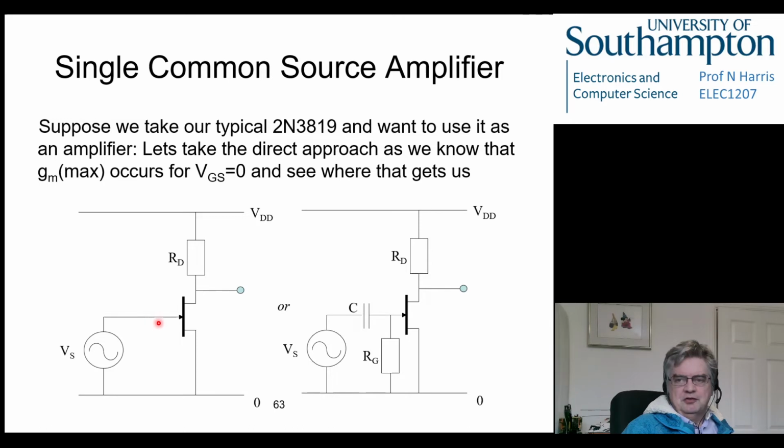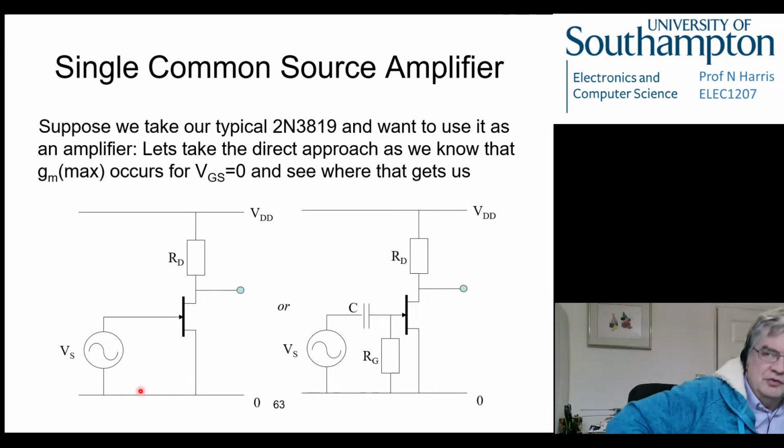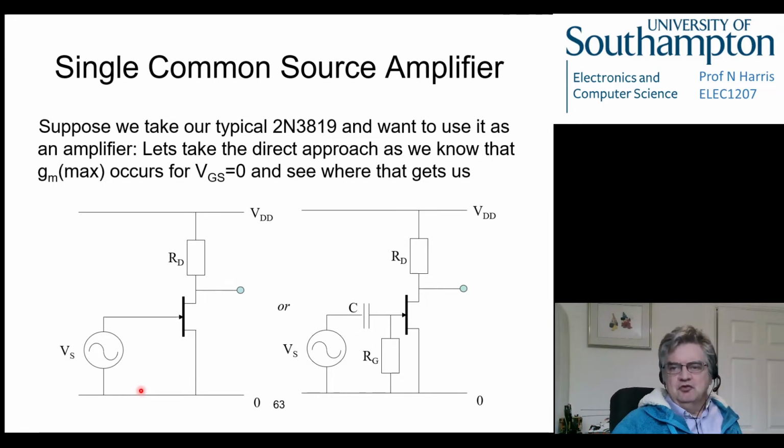So it's sort of biased at 0 volts at this point here. So VGS equals 0. Let's give our max. So let's just do that and see where that gets us, because that's a point we know about in this transistor, that if we have 0 volts across this gate here, we're going to get the maximum IDSS flowing through this device.